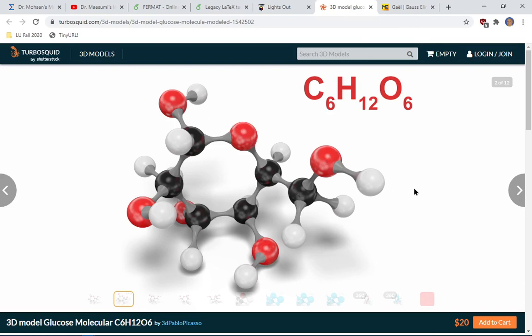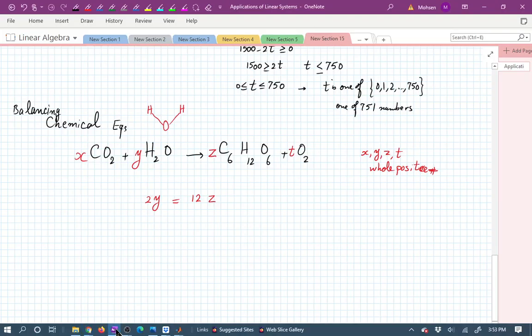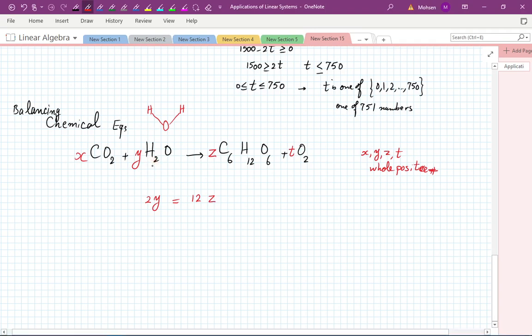The black ones are the carbon, and the white ones are the hydrogen, and that's the stuff of life. So we are balancing here. We say on the left you have Y molecules of water, so it'll be 2Y atoms of hydrogen there. So when you are balancing hydrogen, that's what you get.